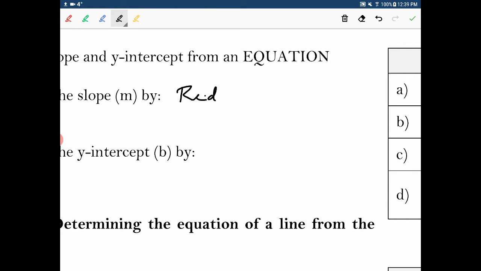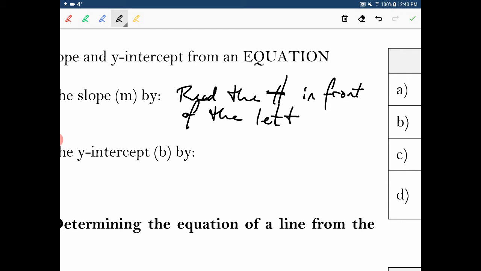I'm going to write just in front of the letter, okay, because it's not always an x, but usually it's an x.